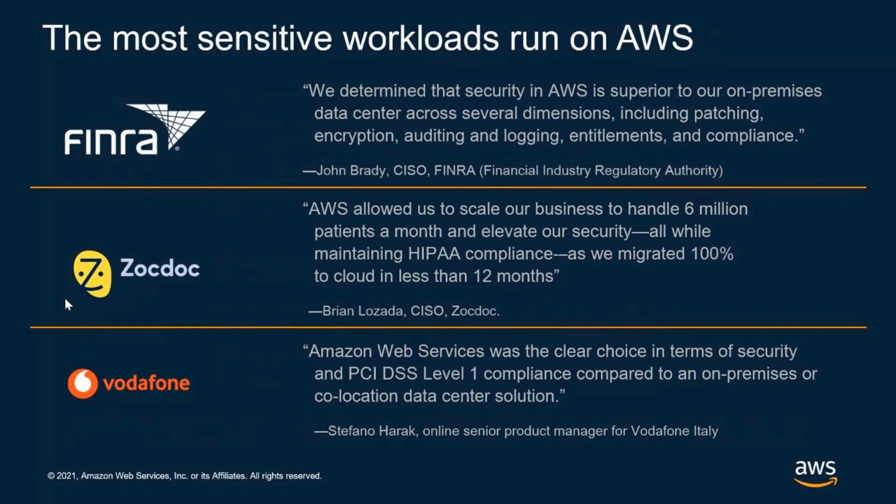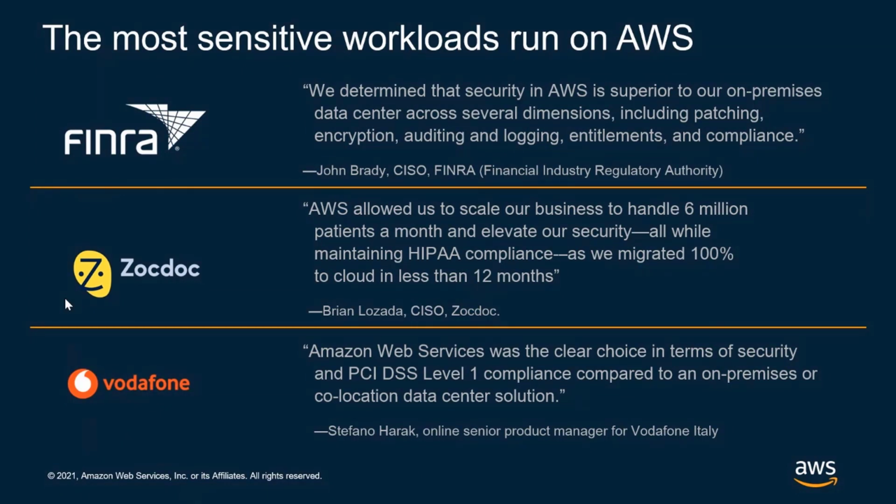Before I dive into Outpost, though, I'd like to differentiate a couple of things. First off, our first mantra with Outpost is generally, if you can use an AWS region, you should try to use that region if at all possible. It's going to give you more flexibility, more scalability, and essentially elastic on-demand characteristics in the fullest range of services.